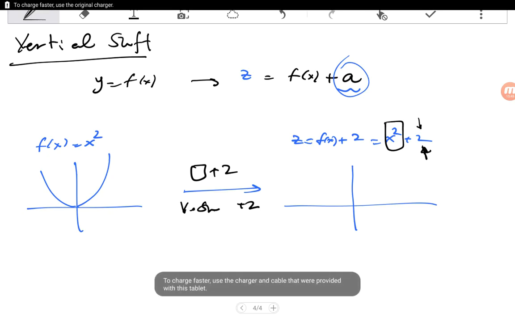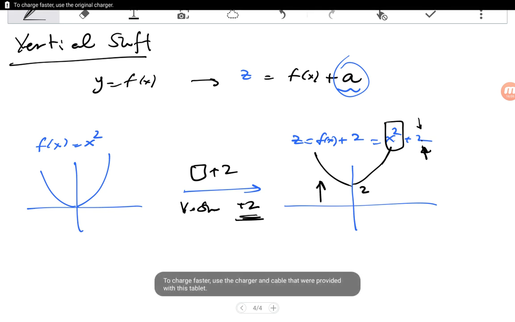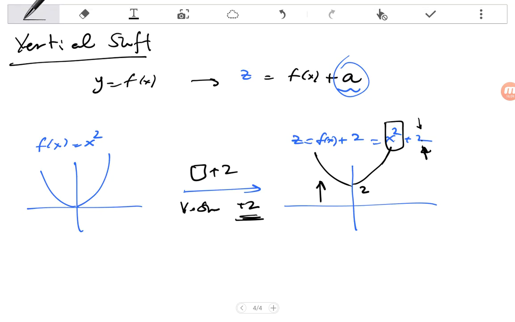But in the vertical shift, the shift is in the same direction of the number. So x squared becomes x squared plus 2. It will be graphed like this. It is shifted upwards 2 steps, or for a distance of 2.